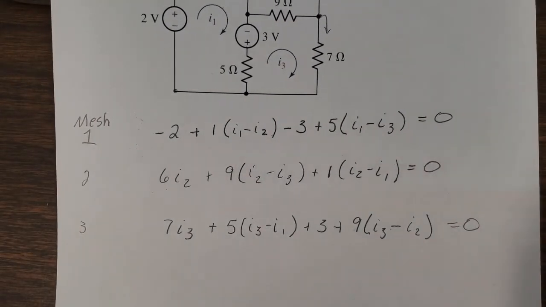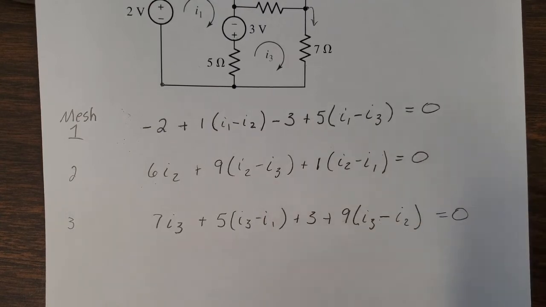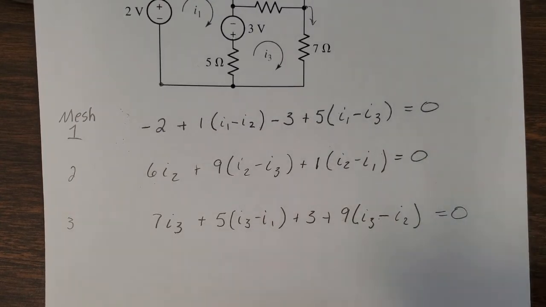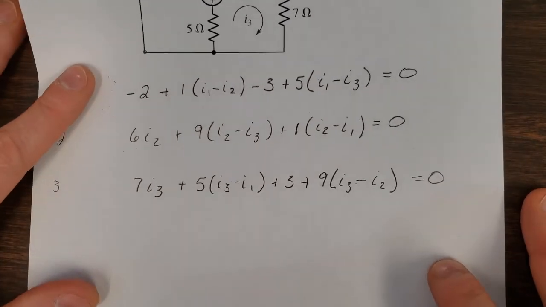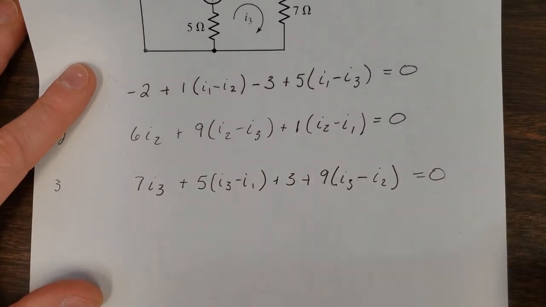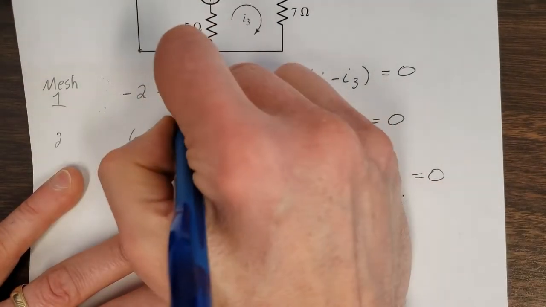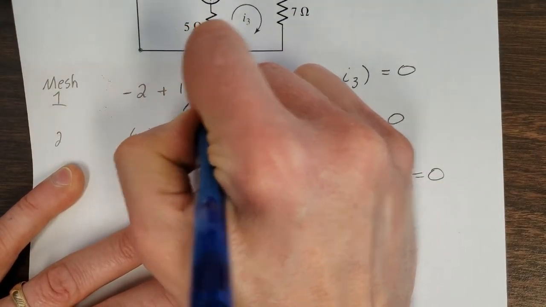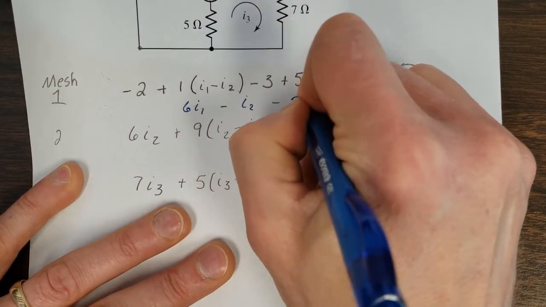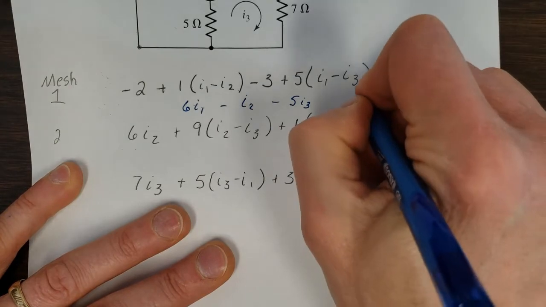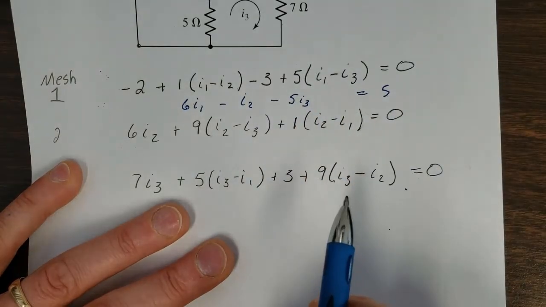Next is to simplify each of these. Hopefully we've written them correctly, but we're going to simplify them and put them into block linear form. And when we get that, we can do some checks to make sure that we have our symmetry conditions and positive diagonal element conditions as well. So when we move this through here, we get 6I1 minus I2 minus 5I3 equals 5.